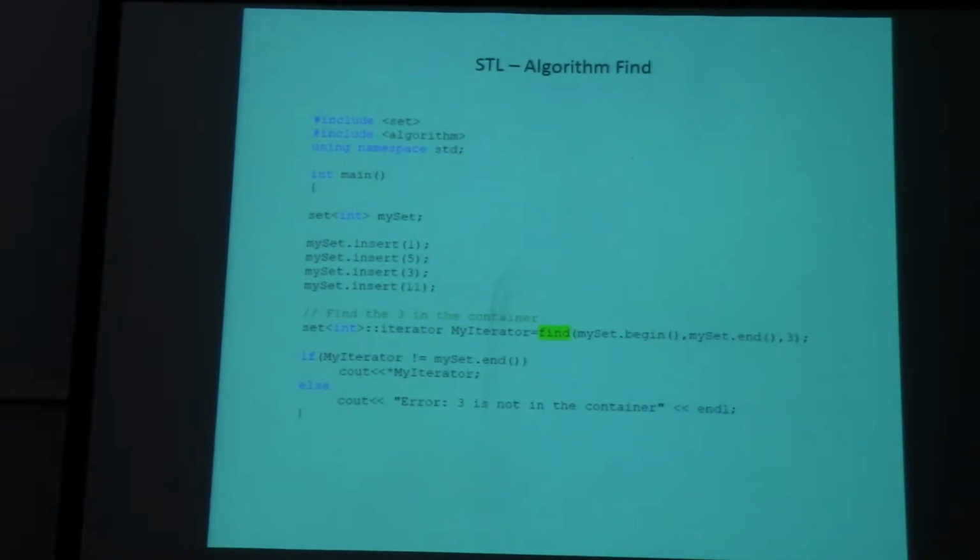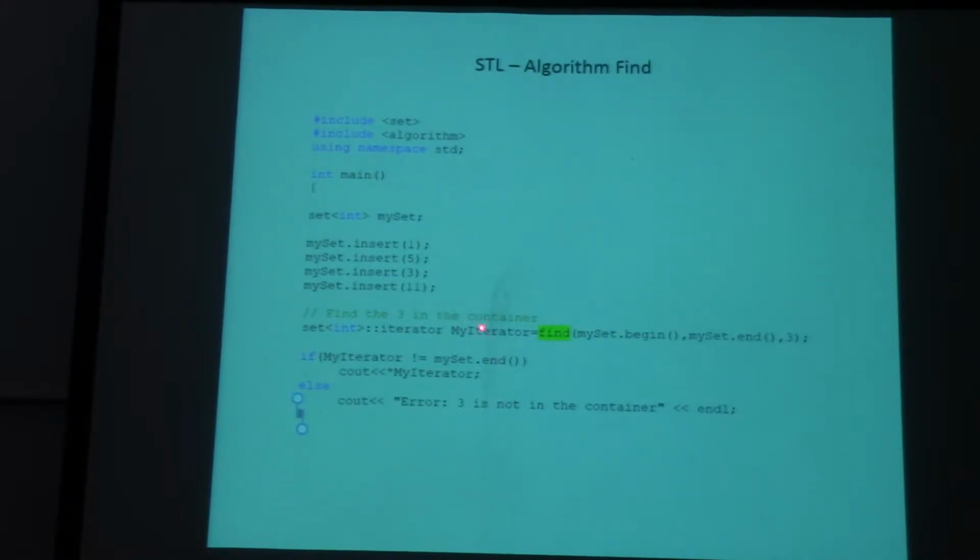My set dot, my set dot what? Starts with a B. Begin. So that tells us that my iterator is what type? It's an int pointer. That's right. So now we understand that this is an int pointer, and it points to what? It points to ints. Why? Because this is a set of ints.